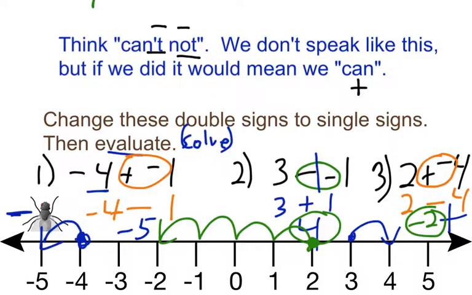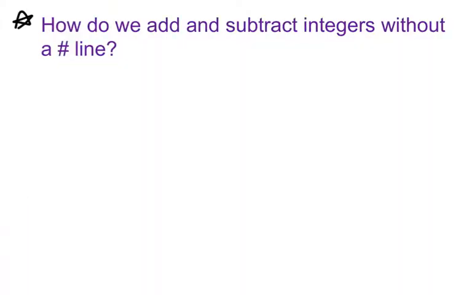So number line is our go-to way of doing adding and subtracting integers. Is there another way? Well, sure, there's always another way, or at least most of the time in math. So how do we add and subtract integers without a number line?